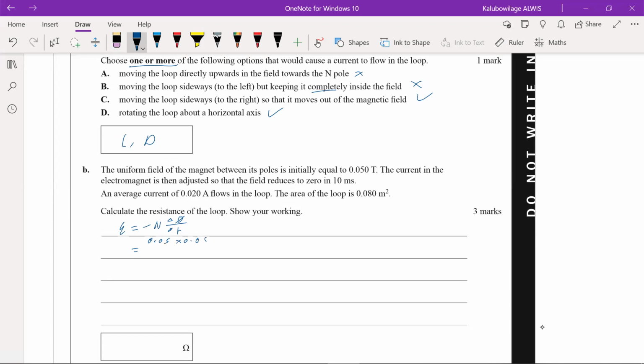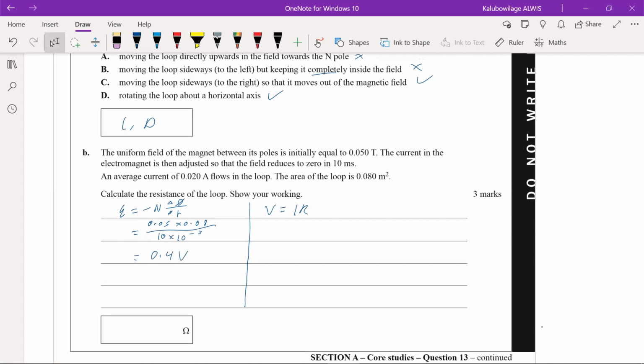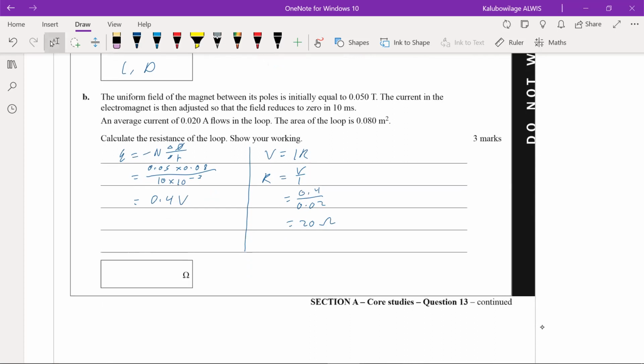It goes to 0, so we just need this first one. And it does it in 10 milliseconds, 10 times 10 to the minus 3, which comes to 0.4 volts. You should always just know this formula. R equals V over I, 0.4 over, they gave us the current 0.02, 20 ohms.